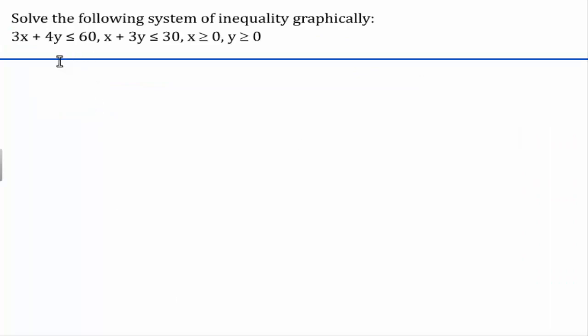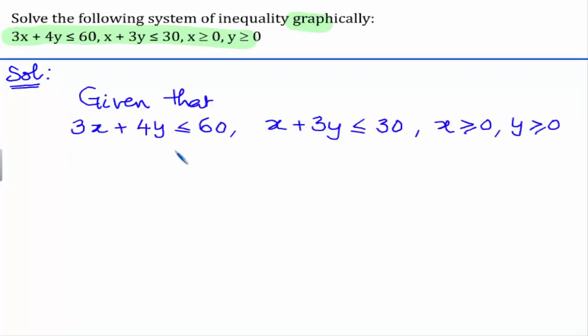In this question, we need to solve the given 4 inequalities using the graph. Let us see the solution for this. Given 4 inequalities are 3x plus 4y less than or equal to 60, x plus 3y less than or equal to 30, x greater than or equal to 0 and y greater than or equal to 0.